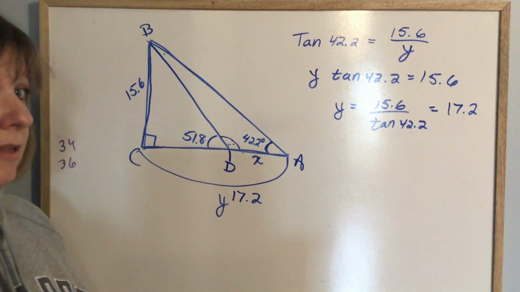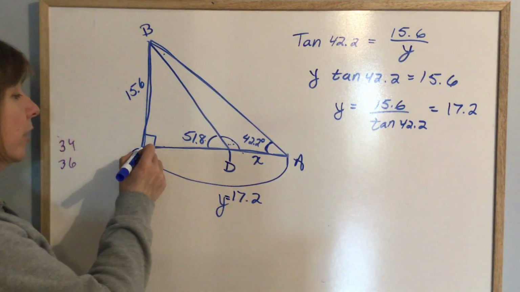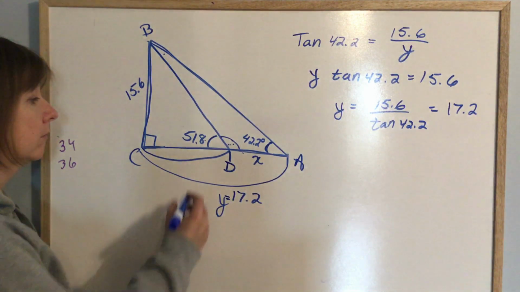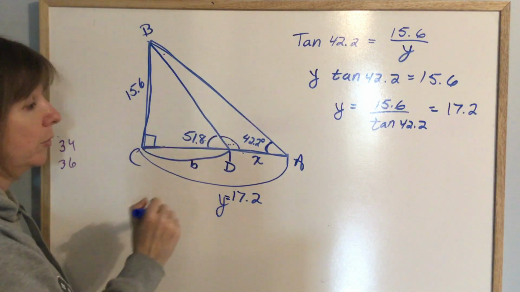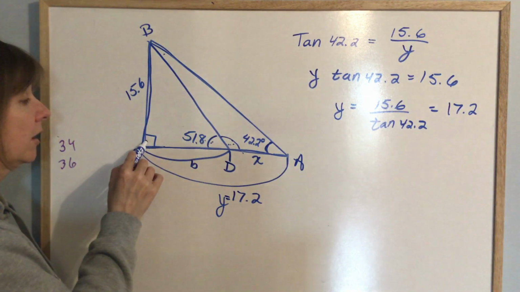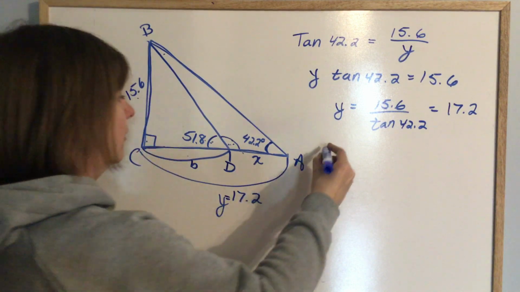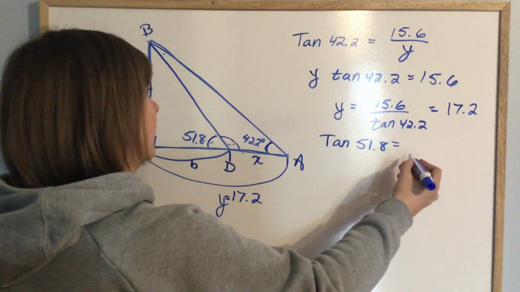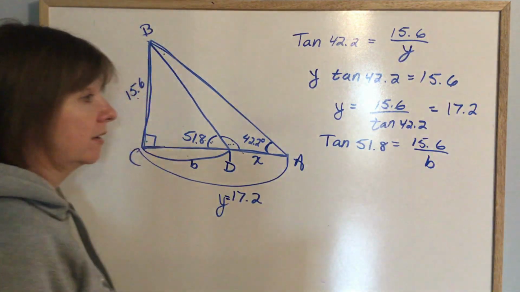The next thing I would do is figure out what C to D is. Let's call that little b, okay? I'm actually going to figure out what that is. Again, same process as up here, but this time this is my reference angle, still a 90-degree angle. So I know the opposite, I want to know the adjacent, so I would say tan of 51.8 is the opposite side over the adjacent side.